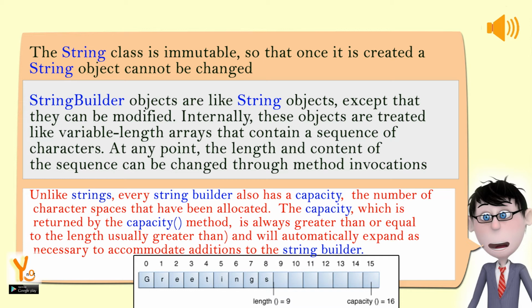At any point, the length and content of the sequence can be changed through method invocations. Unlike strings, every string builder also has a capacity, the number of character spaces that have been allocated. The capacity, which is returned by the capacity method, is always greater than or equal to the length, usually greater than, and will automatically expand as necessary to accommodate additions to the string builder.